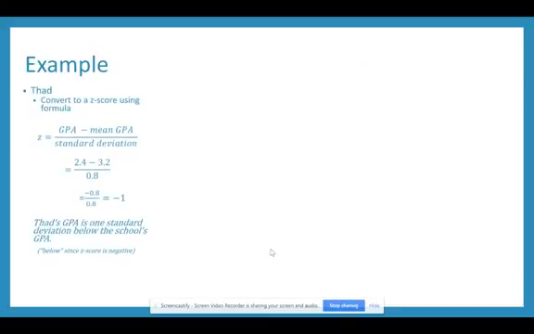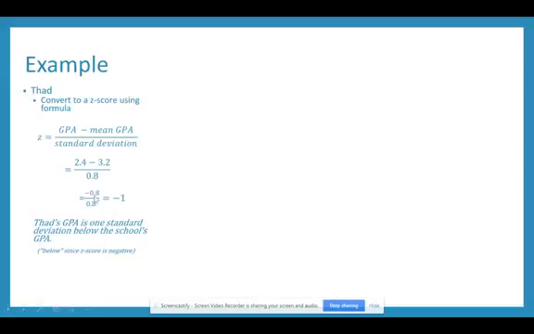So for Thad, to calculate his z-score, we would take his GPA, which is given as 2.4, minus the school average GPA of 3.2, and divide it by the school standard deviation, which is 0.8. Make sure you follow order of operations. You would do the subtraction in the numerator first.